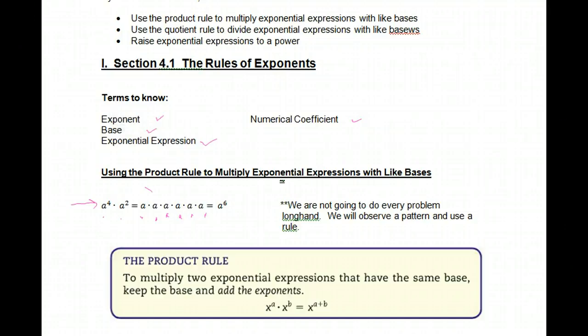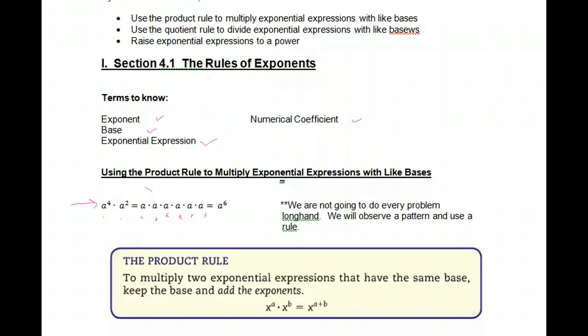Remember that exponents show us repetitive multiplication of a number that has the same base. We are not going to do every single problem longhand like this. What we're going to do is observe a pattern and use a rule to do these problems. Imagine if we had a to the 100 times a to the 60.